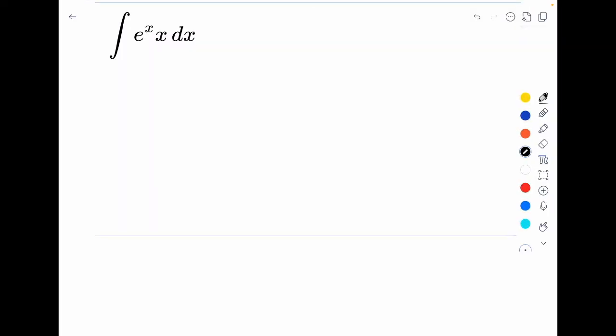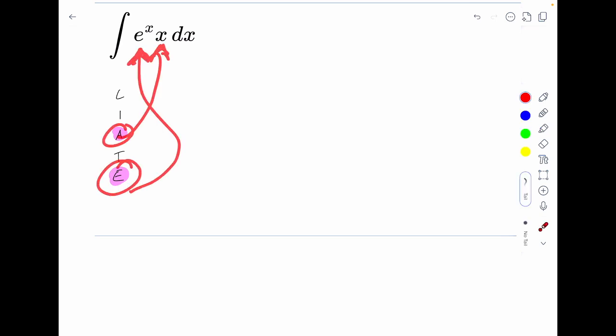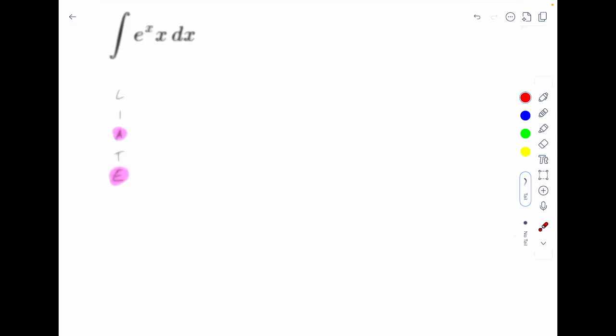Alright guys, now using LIATE, how do we solve this problem? Right, so remember LIATE, and we've got an A because we've got x, and we've got an E because we've got an exponential. So A corresponds to x, and E corresponds to the exponential e to the x.